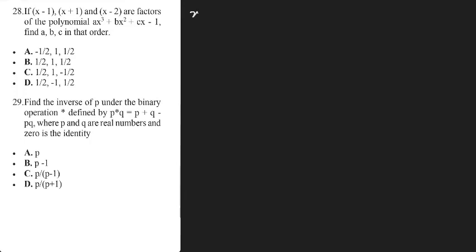We have x minus 1, then we have x plus 1, and we have x minus 2. So what we're going to do is equate all of them to 0. If you equate this to 0, it's going to be x equals to this one now.